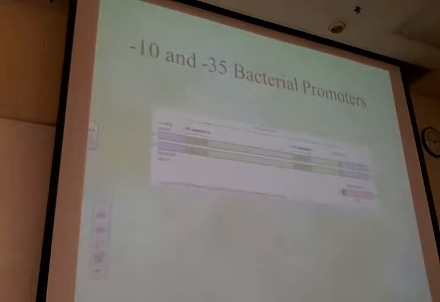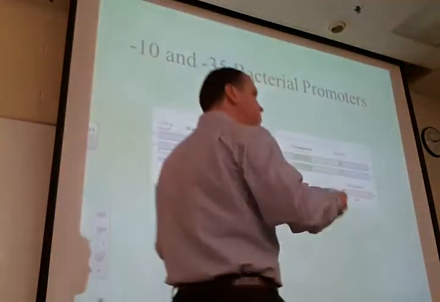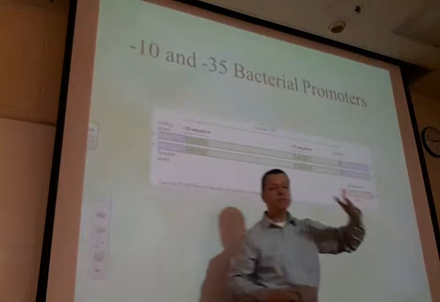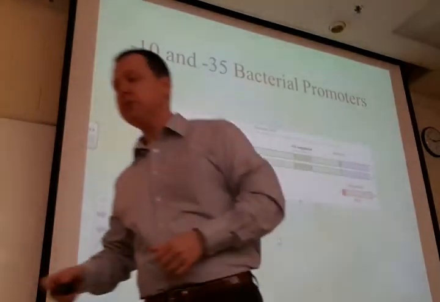And the other major thing it's going to do is tell RNA polymerase which strand it's supposed to be reading. So the placement of the promoter defines what we're going to call the template strand versus the coding strand.